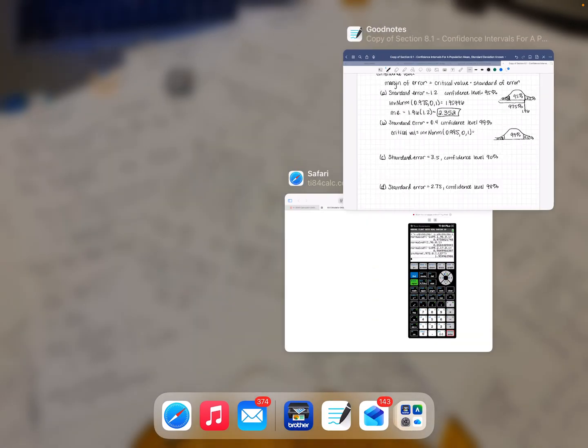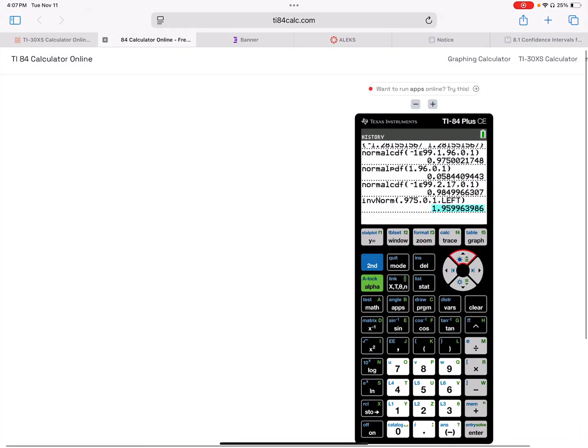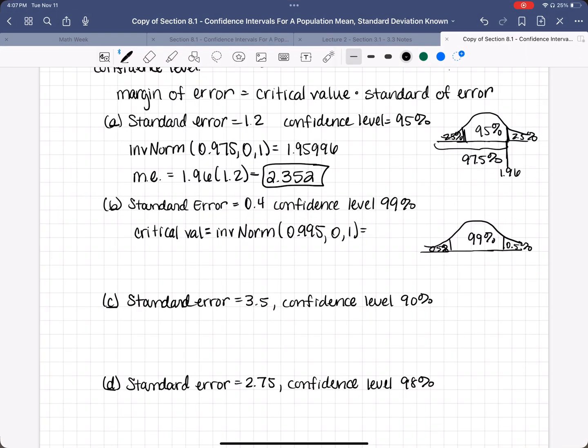Okay, so let's go back over here. Let's do an inverse norm. 0.995, 0, 1, left, yes. That gives me 2.5758.